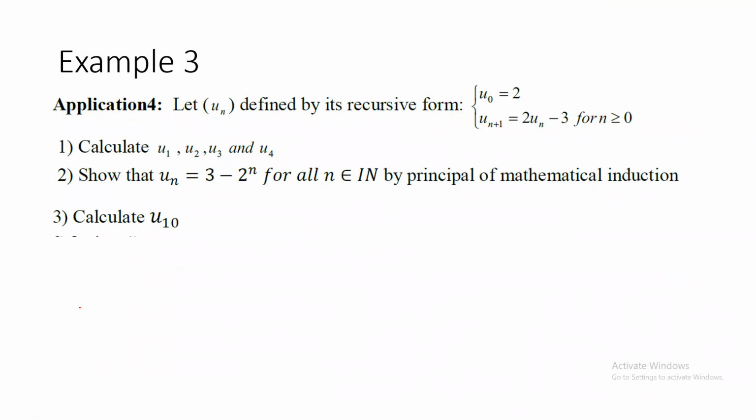Example 3. Let un be the recurrent sequence defined by u0 equal to 1 and un plus 1 equals 2un minus 3 for every n greater than or equal to 0.